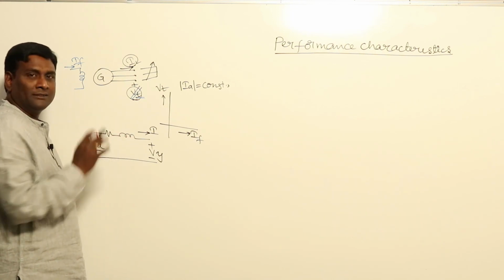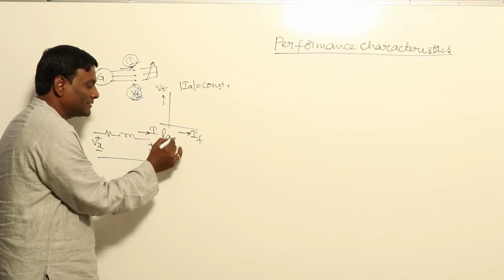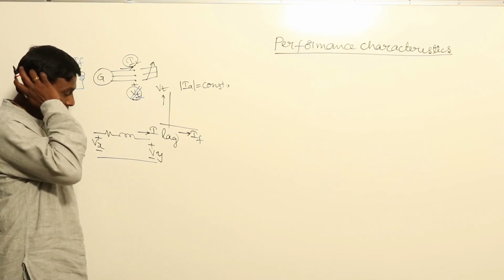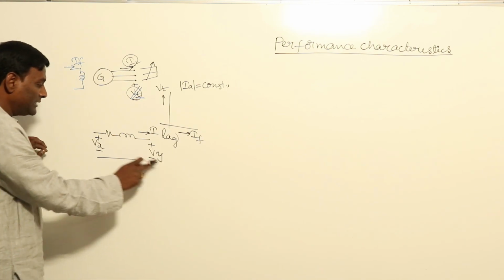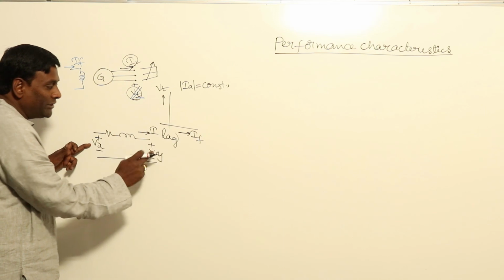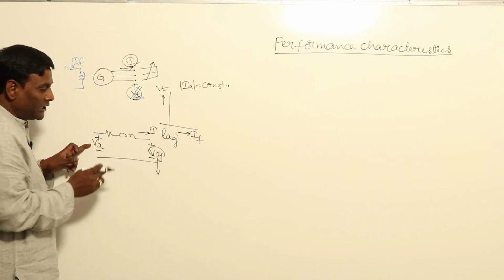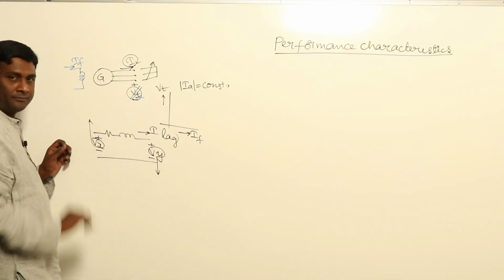Now, impedance is there. If the current is lagging in nature, voltage regulation should be positive, which means if you fix Vx, then Vy should be reduced.